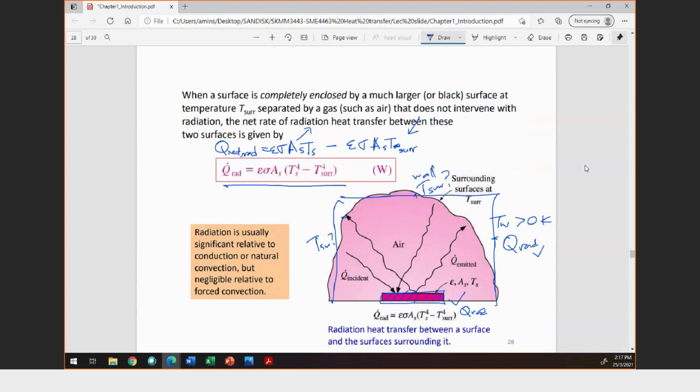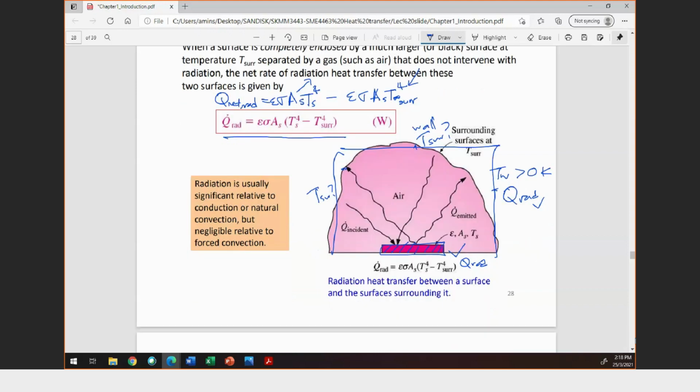So if you have this kind of situation, you need to find Ts to the power of 4 minus T surrounding to the power of 4. We will do some examples on this exercise, to calculate the heat by radiation.